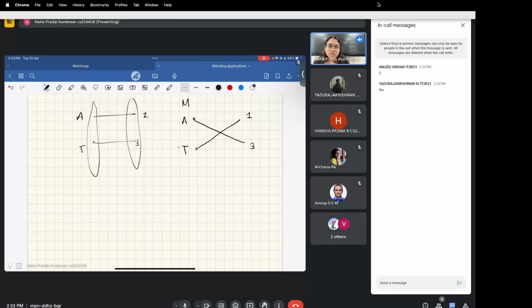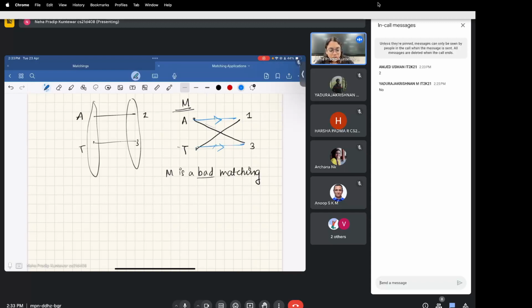This is not a good matching. Let's say M is a bad matching for us, simply because Amjad would prefer room 1 over the room that is assigned to him, and Tulsi would prefer room 3 over what is assigned to her. So in this case they can simply swap their rooms and they both can be happier. So instead what you do is you swap their rooms and they would both end up being happier.